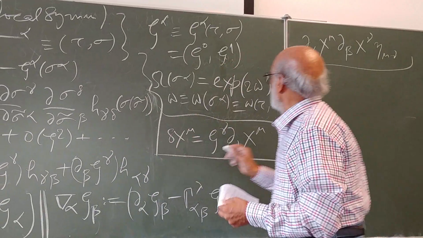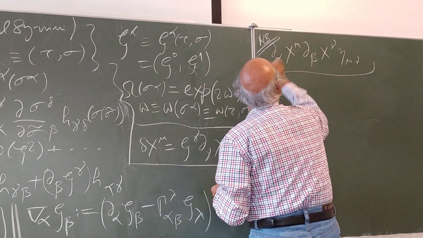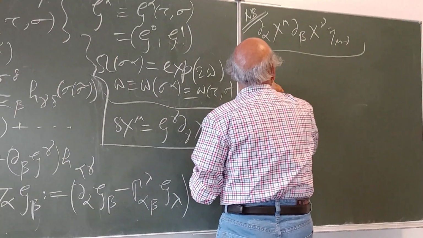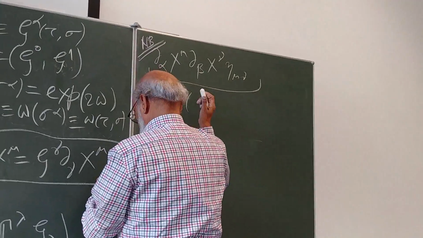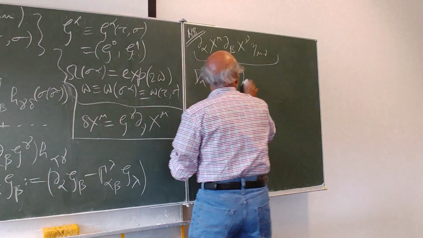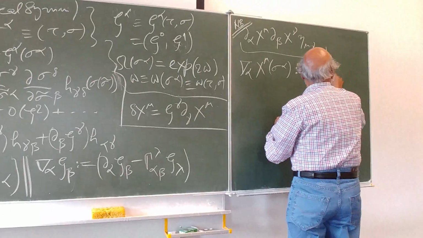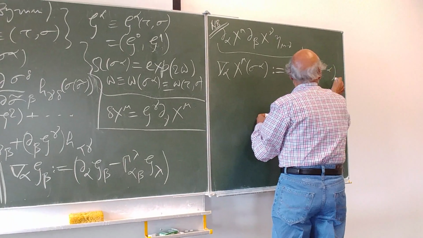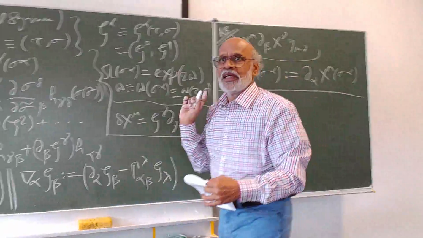So I just like to explain, this delta alpha of x mu of sigma alpha is just the same as del alpha of x mu of sigma alpha. This we need to remember.